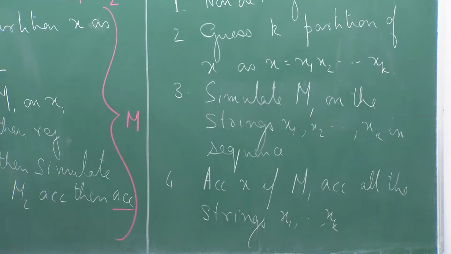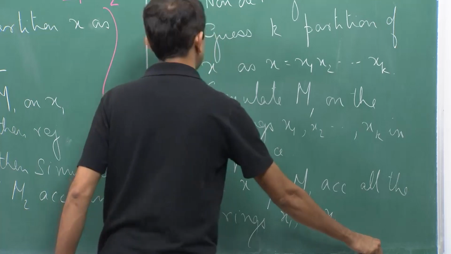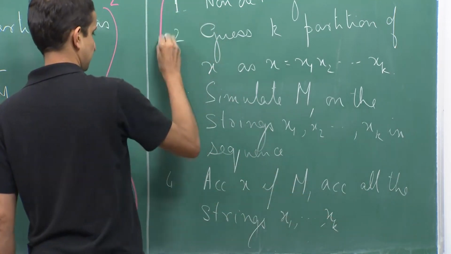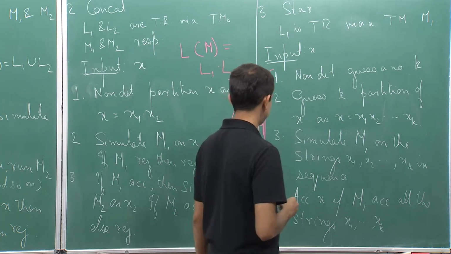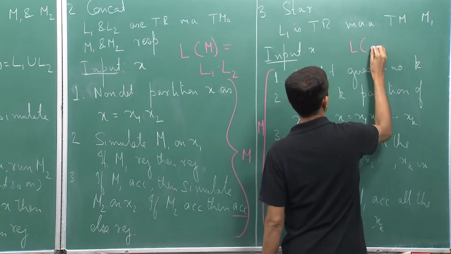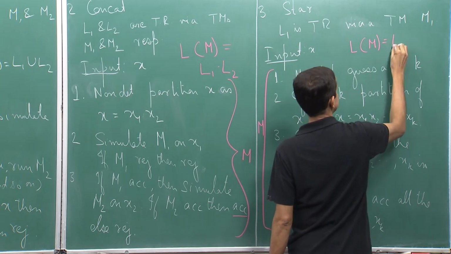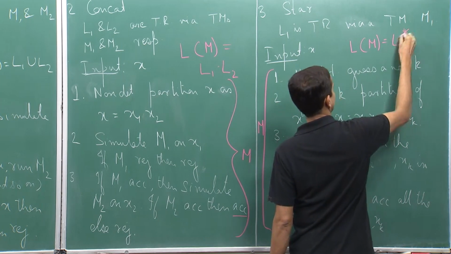So, that is the only case where you accept. So, once again this is the design of the machine M, and what this gives is that L of M in this case is L1 star.